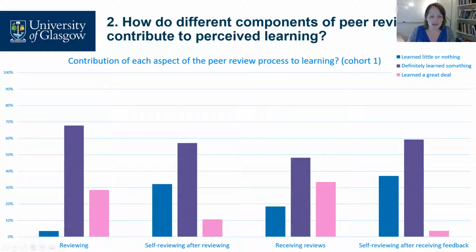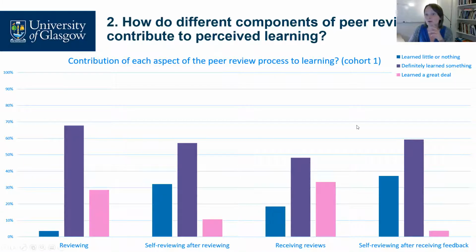For reviewing, we're thinking about students actually reading other people's work and writing down some comments on that. Secondly, self-reviewing after reviewing. They have read someone else's paper and given comments, and now they're thinking about their own paper.